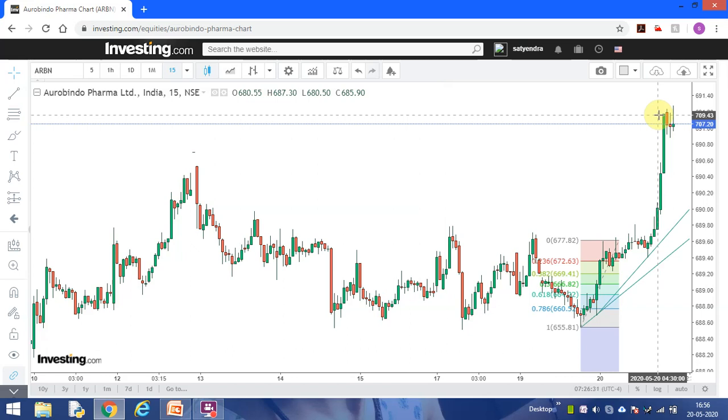I will again tell you, Fibonacci can be used by swing traders. It is a tool used by institutional traders like FII, DII, pension funds, mutual funds, especially for huge buying and selling, but it can be used for swing trading and also in intraday trading.